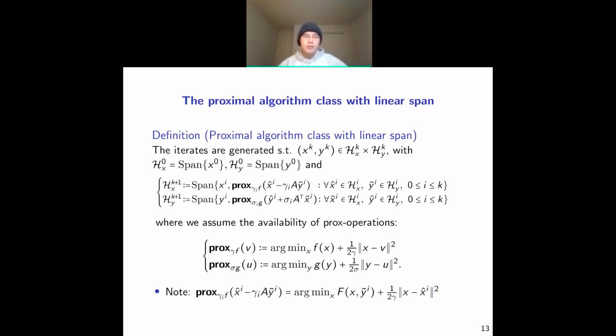But your later subspaces, for example for x, will be the linear span of all your previous iterates x i, and also all the outputs of this proximal operator, where the input gamma i is some arbitrary positive number, and x hat i and y tilde i are any points belonging to your previous subspaces for all i between 0 and k.